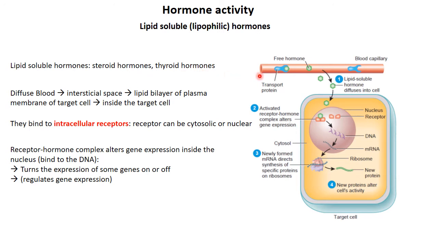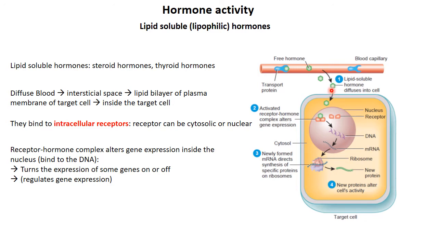So as we have said, lipophilic hormones diffuse in the blood circulation, and they will circulate in the blood, and then once they reach their target organ, they pass from the blood circulation to the interstitial space, which is the space between the blood vessels or capillaries and the cells. And then from the interstitial space, they can go to the cell.